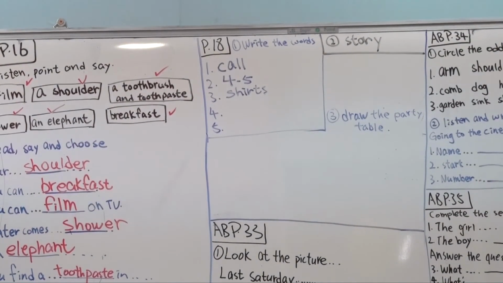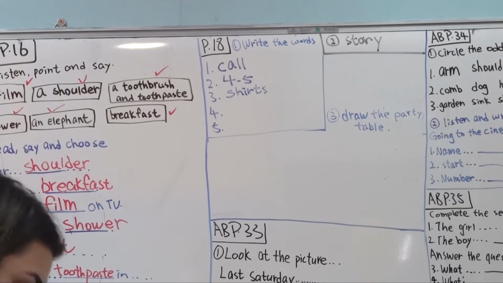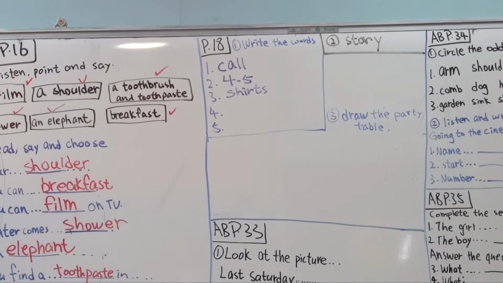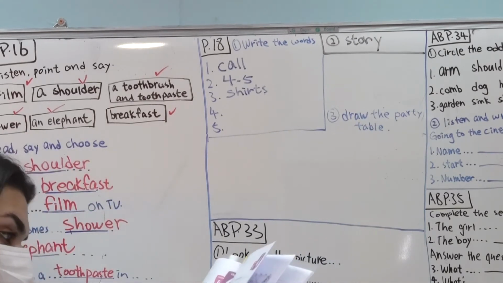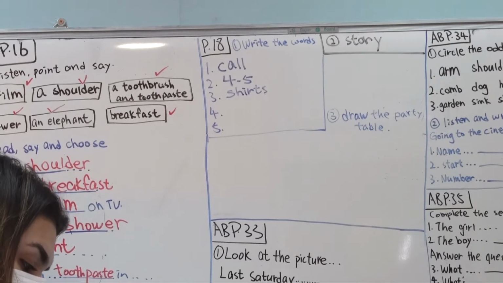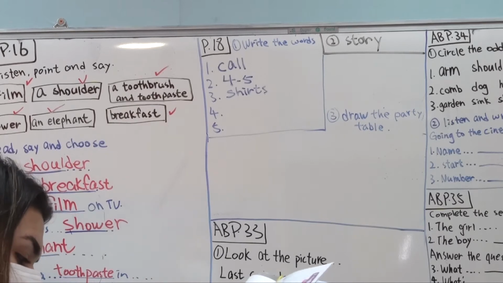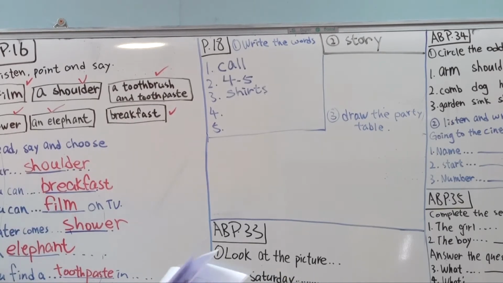And then number 4, choose some great. Some great. What can we choose for the birthday party? Choose some great present, right? Present.